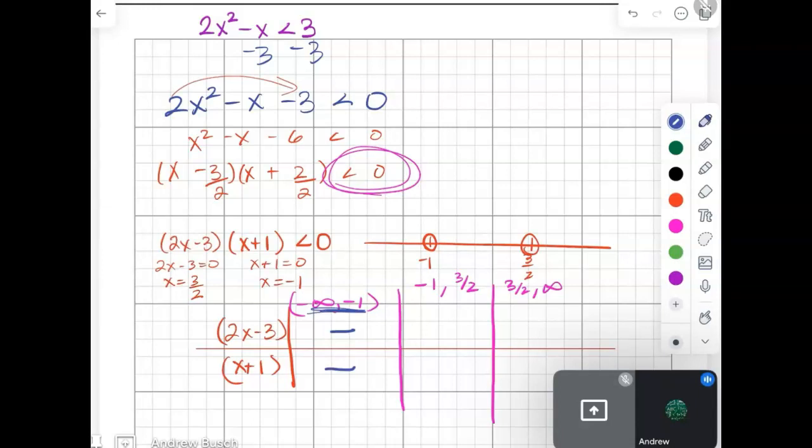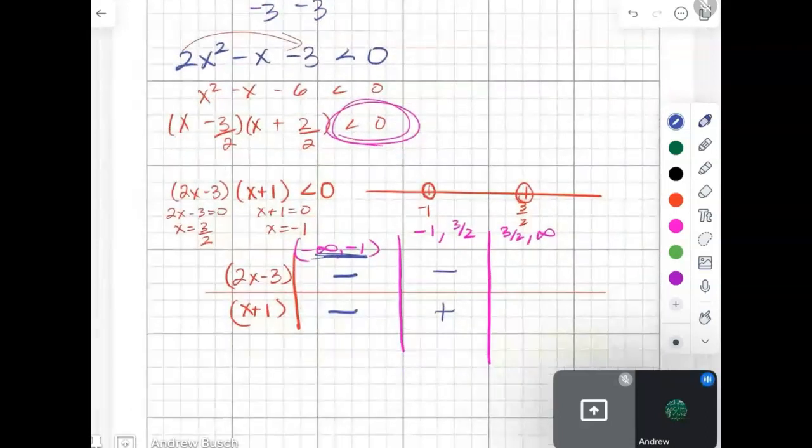So if I plug in 0, I get negative 3, which is negative. If I plug in 0 to this factor, I get 1, which is positive. In my next interval, I'm going to plug in positive 10, which is between 3 halves and infinity. So then I would get 17, which is positive, and I would get 11, which is positive.